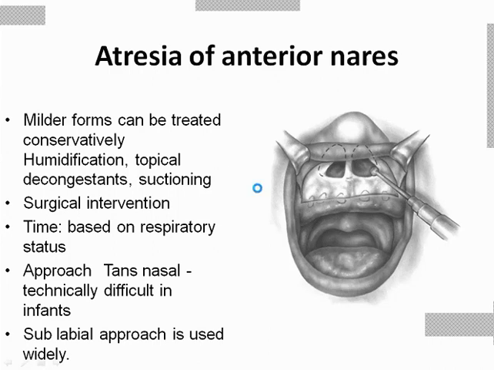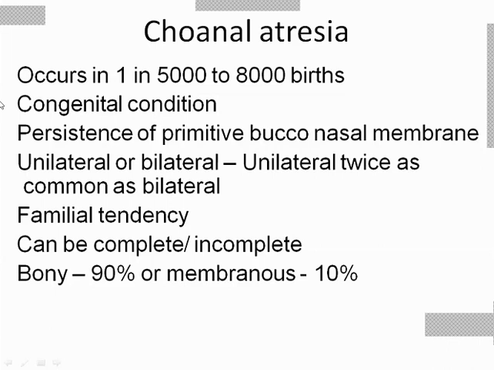Now coming to choanal atresia. Choanal atresia is one of the important things for you. It usually occurs in 1 in 5,000 to 8,000 births. It is a congenital condition. The majority of choanal atresia is congenital.